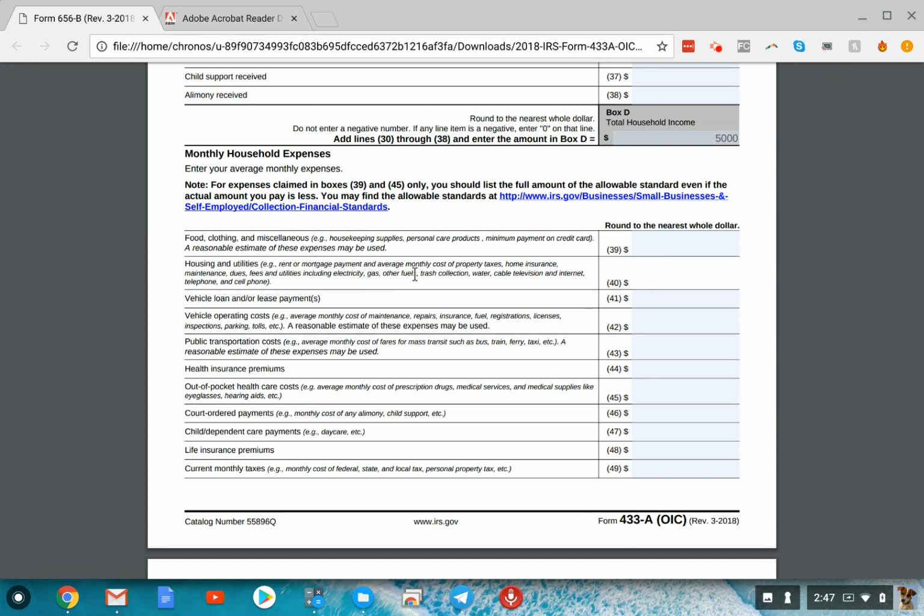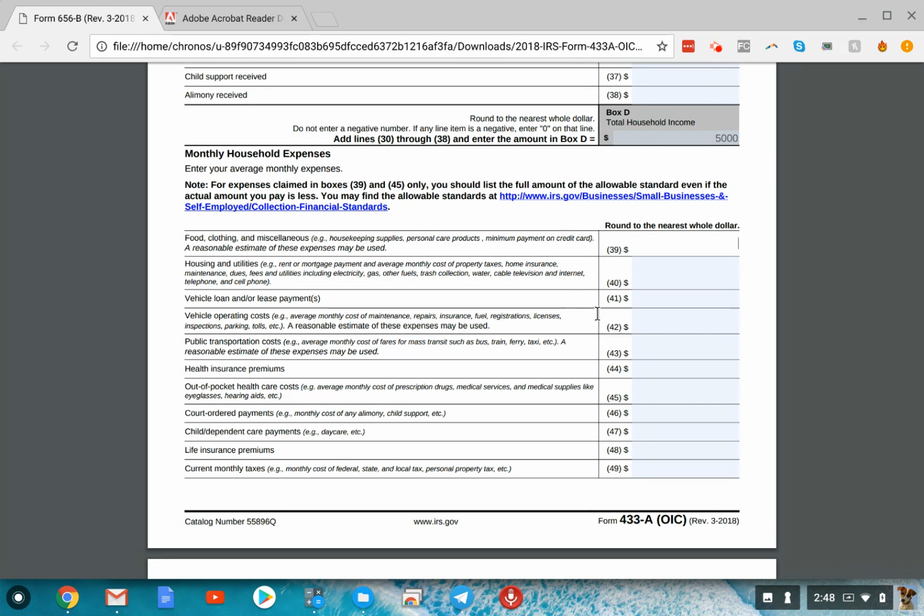If you can prove higher, sometimes you can get that accepted, sometimes you can't. The other thing is if it's lower, they want you to show exactly what it is. When it is lower, they're going to look at your bank statements and they're going to see it. So there's no really hiding that. Most of these are going to be standard figures that they're going to give you on this website.